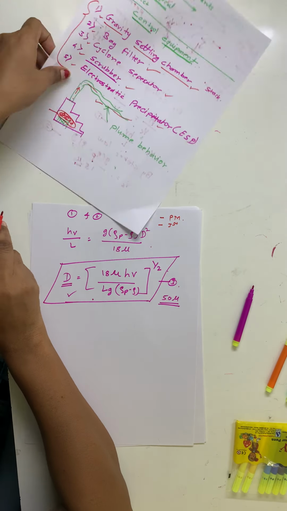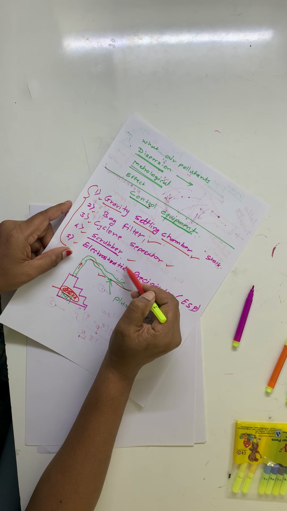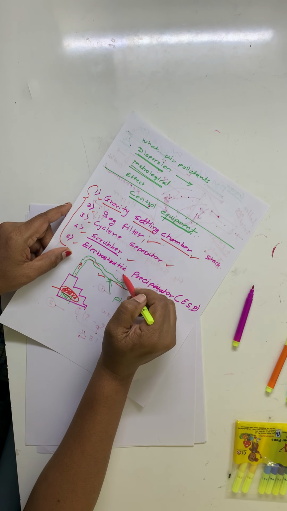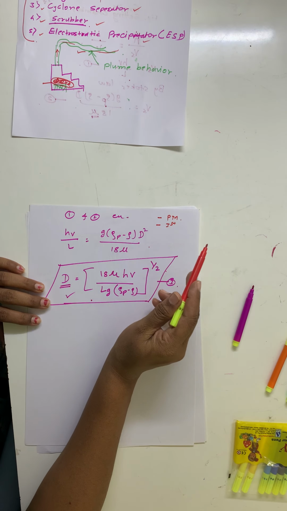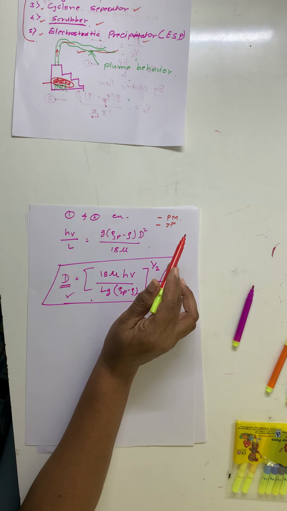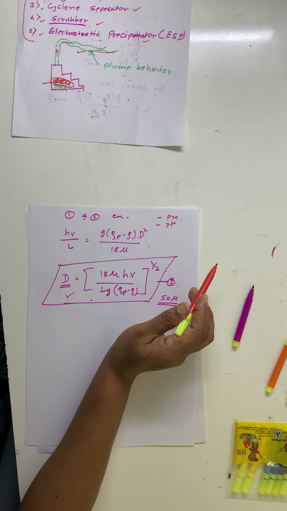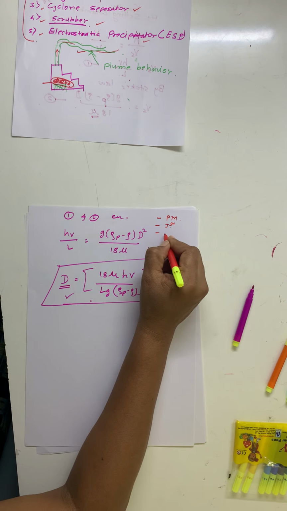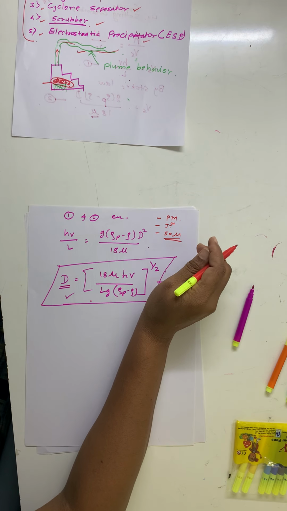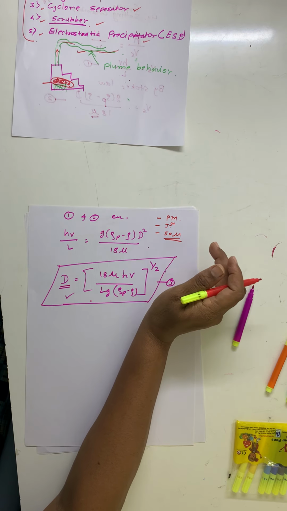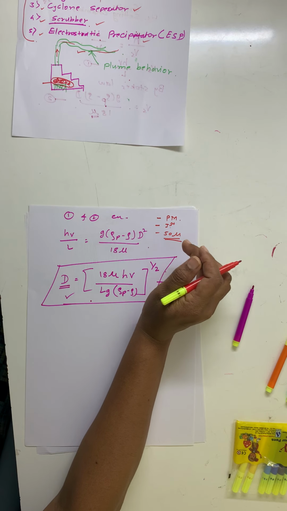The further equipments we are going to study will remove smaller particles than this one. This equipment is applicable to remove particles larger than 50 micron. This is important, you should remember.